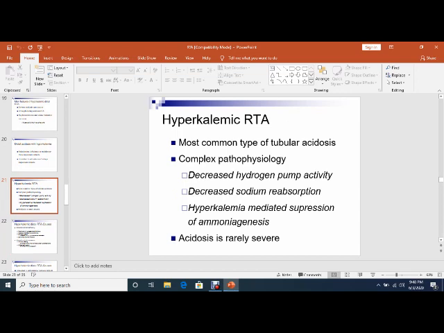Hyperkalemic renal tubular acidosis is the most common type of tubular disorder. It has a complex pathophysiology, either decreased hydrogen pump activity or decreased sodium reabsorption, or it is associated with hyperkalemia-mediated suppression of ammoniagenesis. In this condition, acidosis is rarely severe.